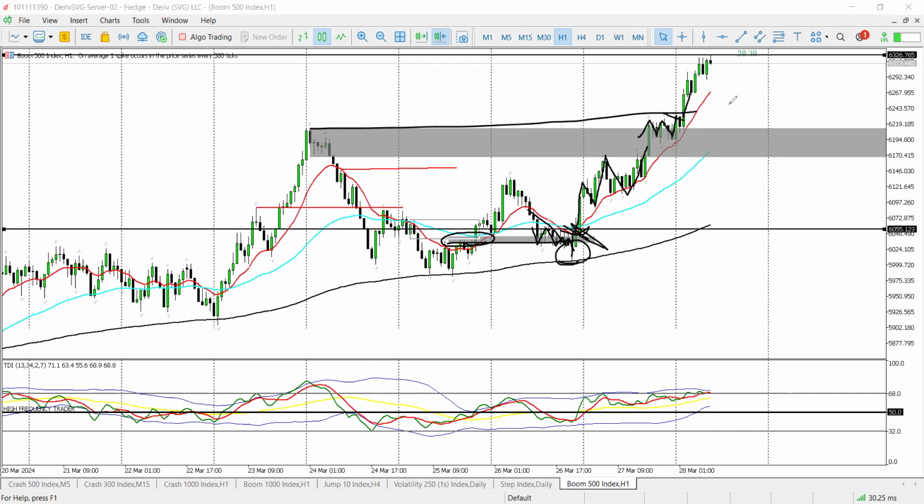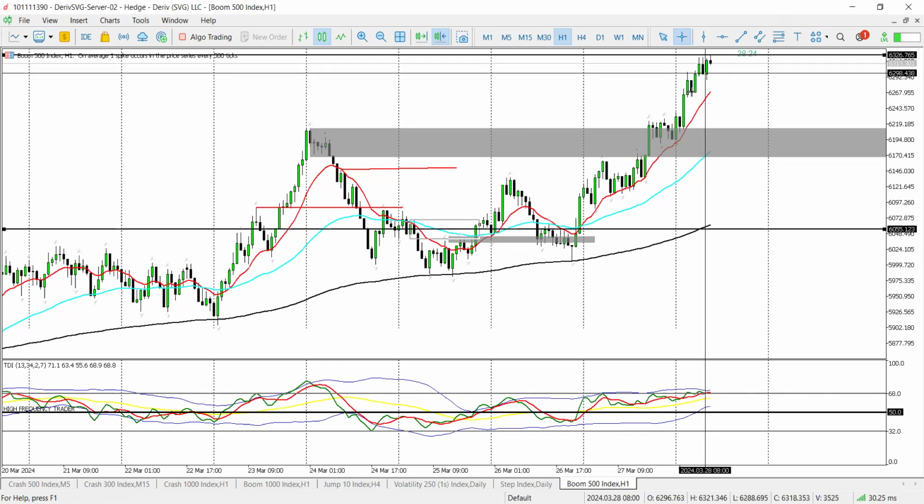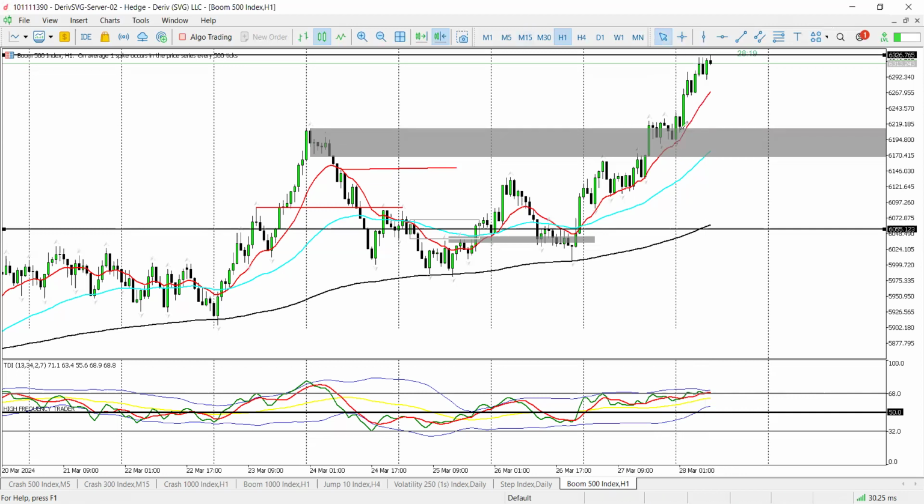There's a guy who said he sold. Why would you sell something which is clearly pushing up? And the time he said he sold, he was at a 100 pip loss. So I'm assuming his entry is somewhere here. This is potentially where he sold. Why would you sell here?